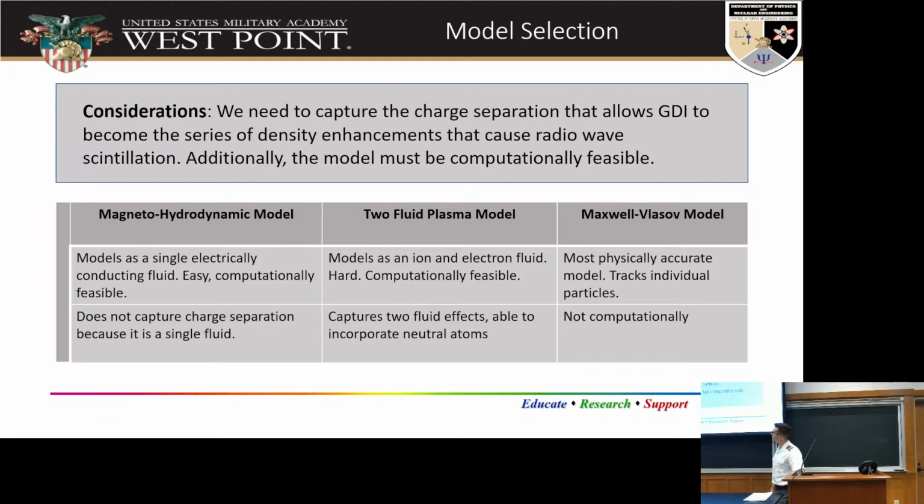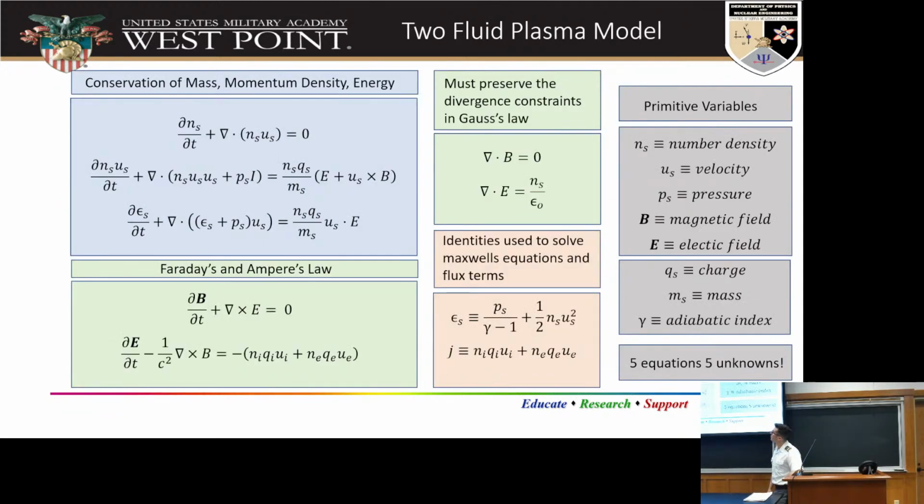The two-fluid plasma model is, again, computationally feasible, takes advantage of Navier-Stokes equations, and it captures the two-fluid effects, and it's scalable, so we can incorporate neutral atoms for stuff in the F region. Finally, the Maxwell-Vlasov model. It's the most physically accurate because it's a derivative of the Boltzmann transport equation and tracks individual particles, but it's just not feasible for our computational domain.